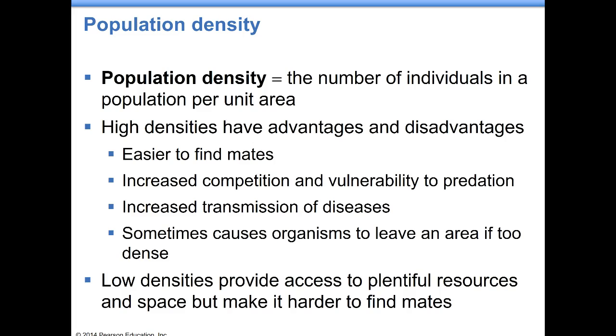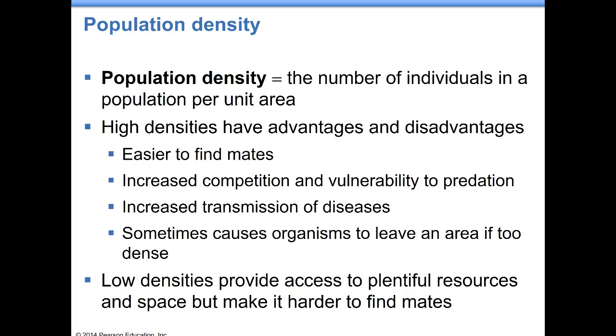Another problem is there's a greater chance for transmission of diseases. If you're competing for food, there's a greater chance for starvation and diseases to be transmitted. This sometimes causes organisms to actually leave an area if it's too dense, and they'll go away.